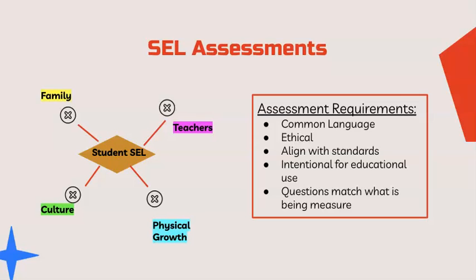The social-emotional learning skills of a first grader is going to be drastically different than that of a sixth grader. According to the literature that I found, here are some of the suggestions that teachers should take when creating assessments.